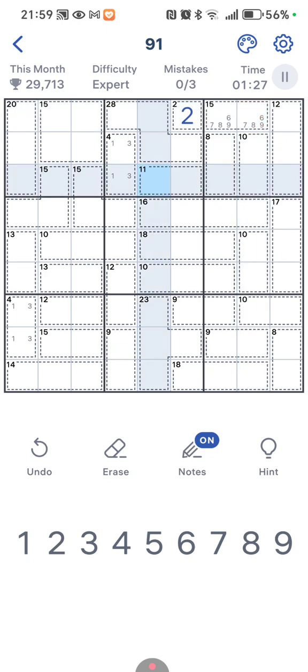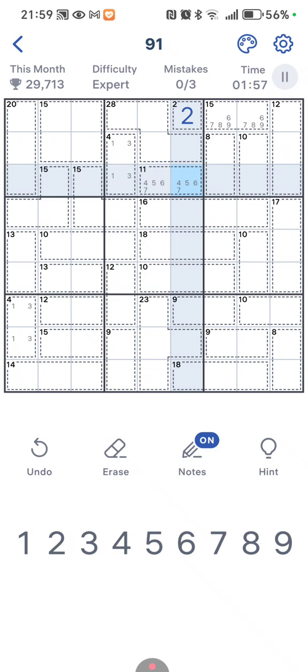The 2 and the 3 in this square mean that it can't be 8 and 9, so then that's 4, 5, 6, and 7.